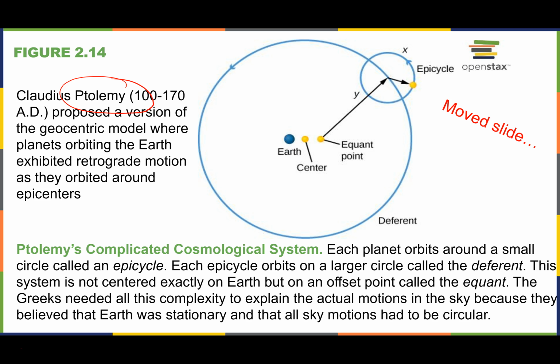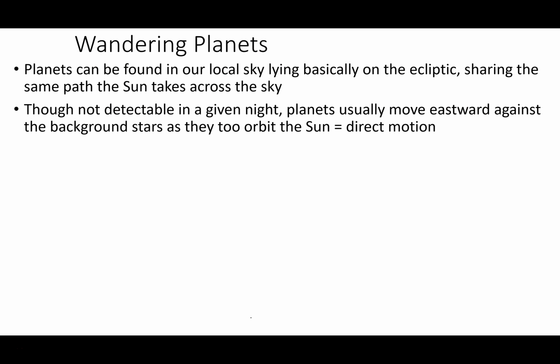He said the planets orbit the Earth, but they go through little loop-de-loops, or epicycles. This would be direct motion, as a planet's orbiting the Earth. But as it goes back around this little epicycle, that is the backwards or retrograde motion. That's how he made sense of the planets.